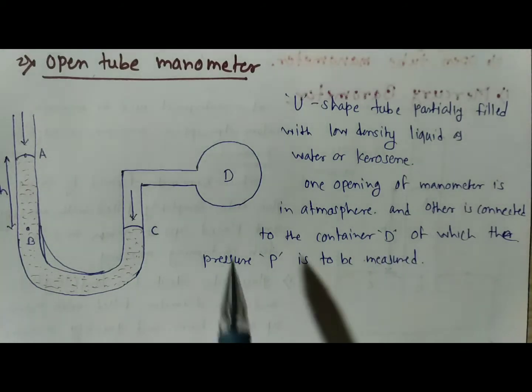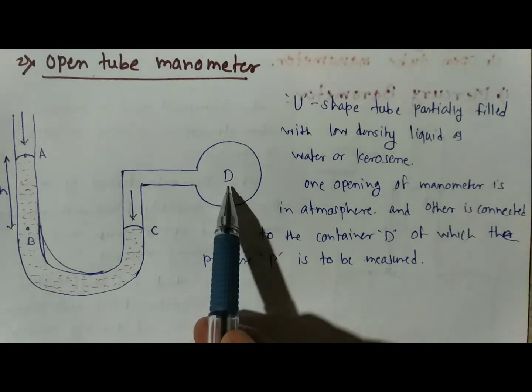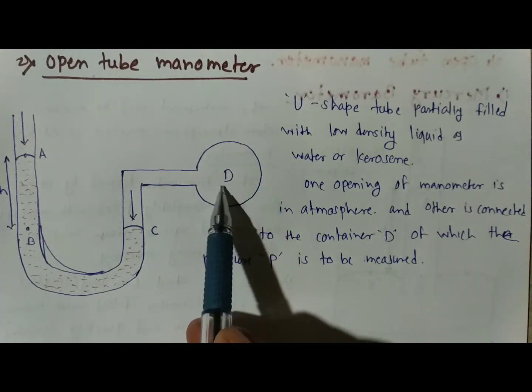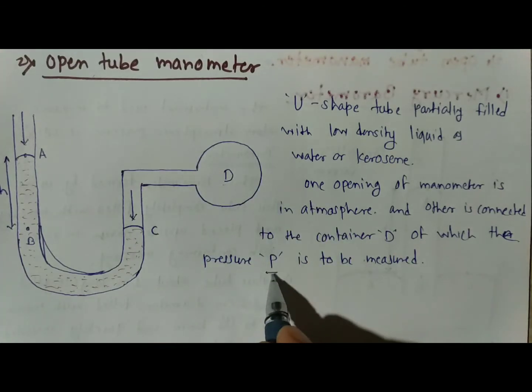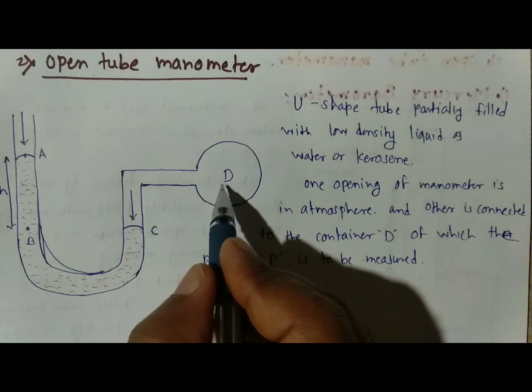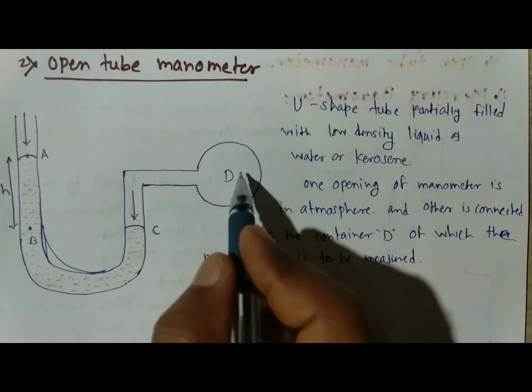That means we want to find out the pressure at that container. The container is D and the pressure in the container is P, and we want to find out the pressure inside this container.